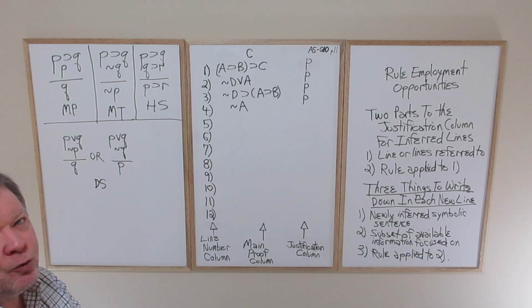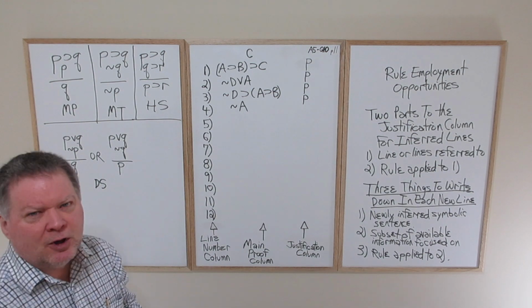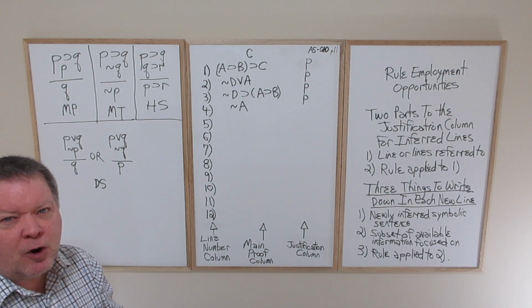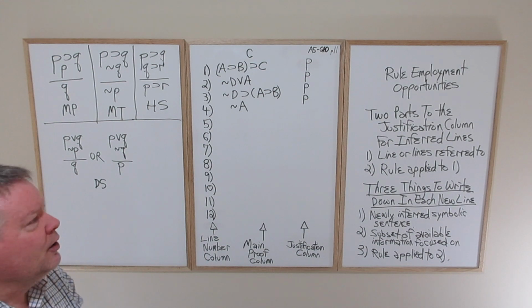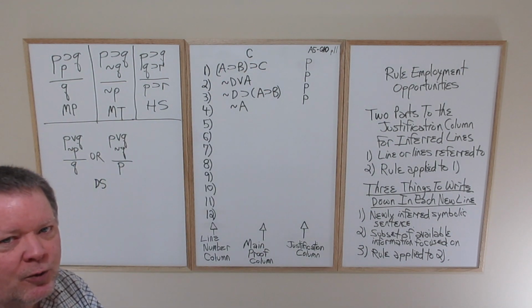Now we can construct a proof of that. This will be useful, first of all, to ensure ourselves that if these 4 lines are true, C must also be true.